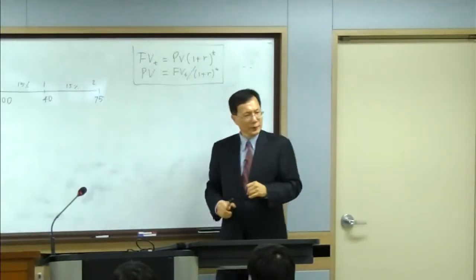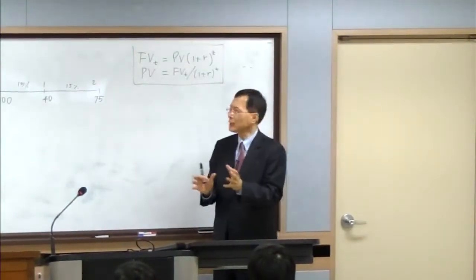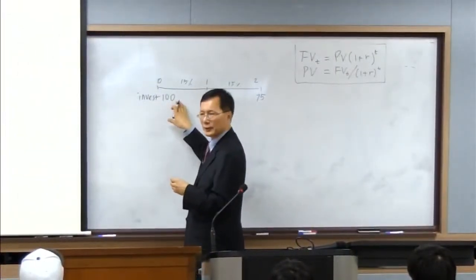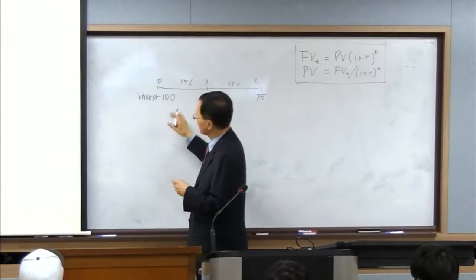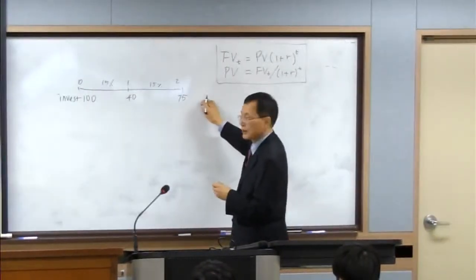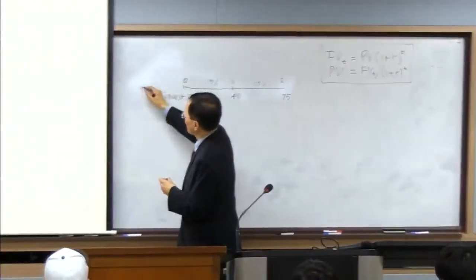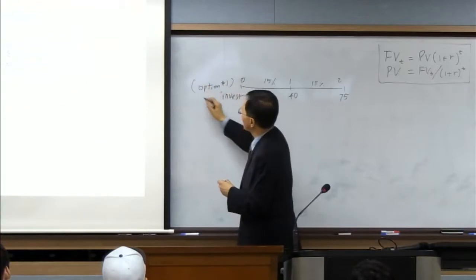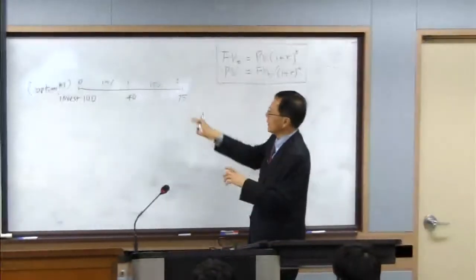So your broker is asking you to invest 100. If you invest, then you get this, right? So let's call that option 1. Option number 1. Invest 100 and get this.